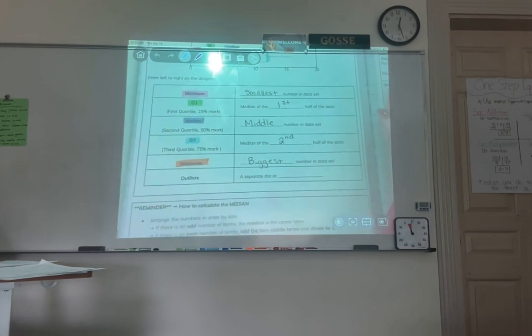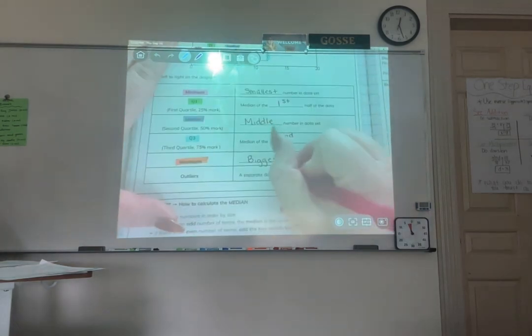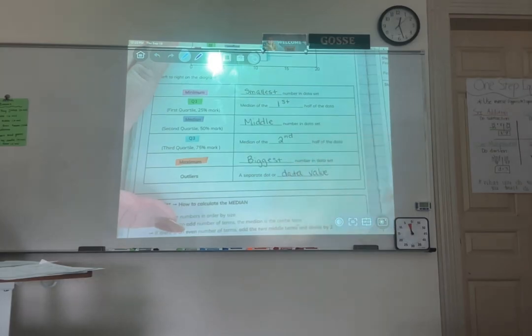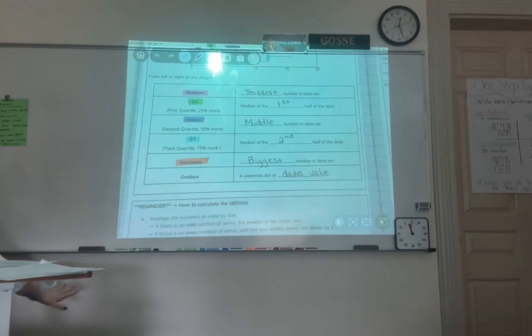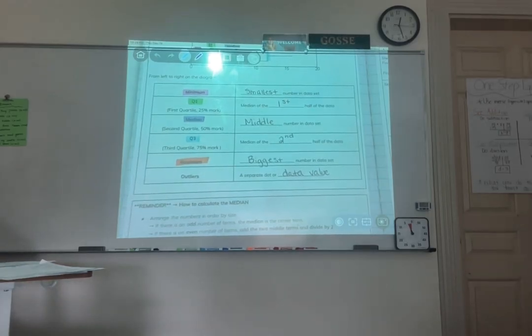But an outlier can be a separate dot or a data value that is really wildly different than the rest of the data. It's a bit easier to spot on a dot plot than it is on a box plot, okay? So it's either significantly smaller or significantly bigger than the bulk of the data, all right?